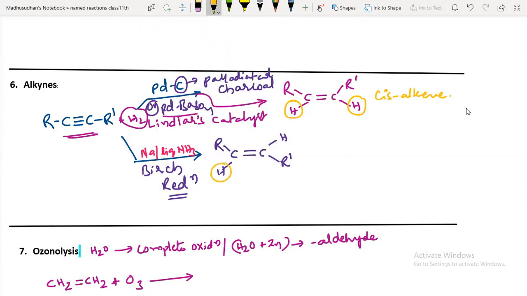So you are getting a trans alkene. So here two cases. One is with Lindlar's catalyst, alkynes are converting into cis alkenes. With Birch reduction, alkynes are converting into trans alkenes. Okay, cis alkenes and trans alkenes. Cis you will get by Lindlar's, trans you will get by Birch reduction.